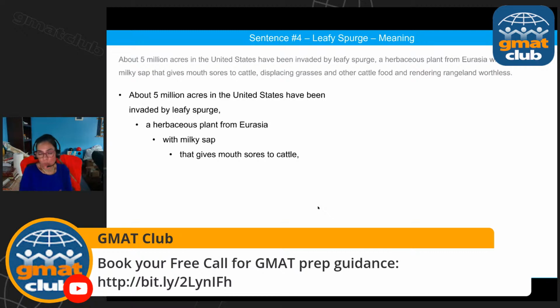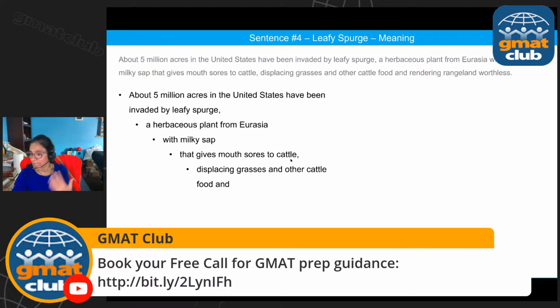So far, so good. The problem begins from here because when I read comma plus verb-ing, displacing grasses and other cattle food, the meaning that I'm getting here is that because milky sap gives mouth sores to cattle, in this process, the milky sap as a result displaces grasses and other cattle food.